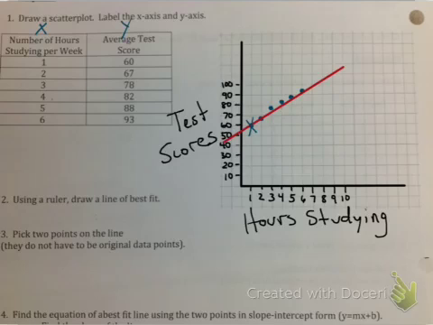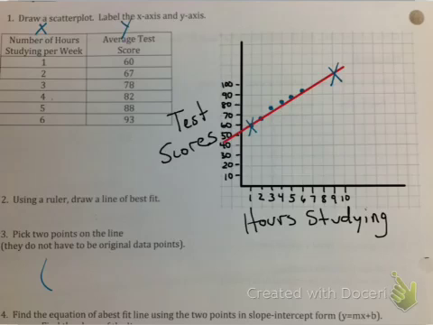Then my next point, if you look down past all of the points that I plotted, is where the red line goes through a corner where the X and the Y meet, way down here. And so the 2 points I want to use are (1, 60) and (9, 110).